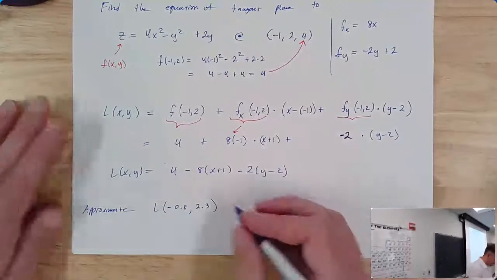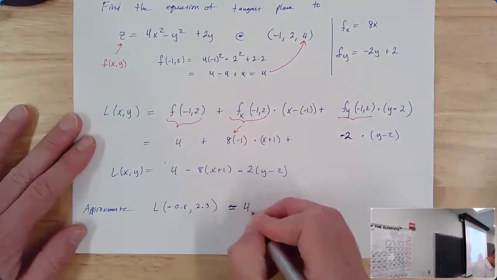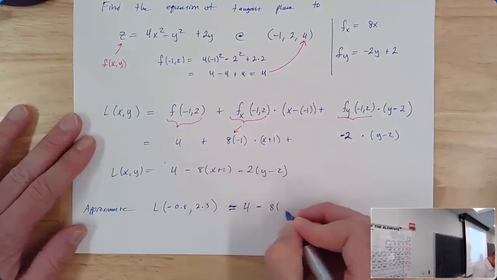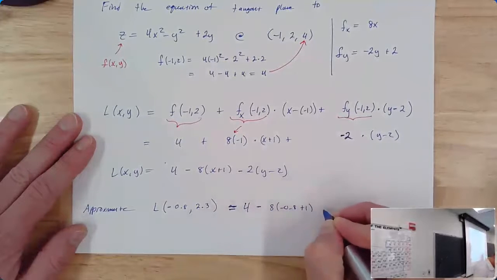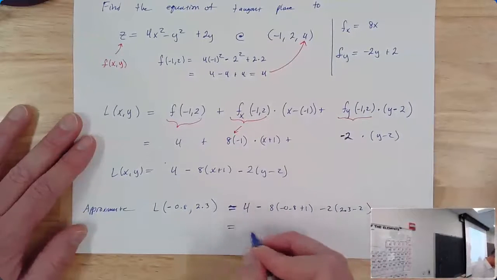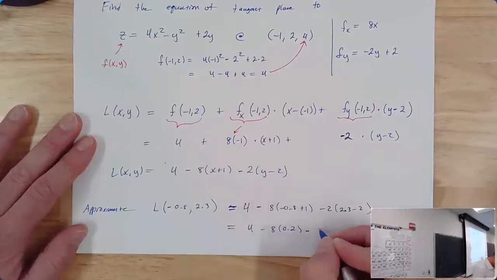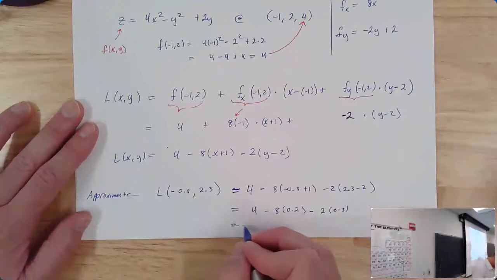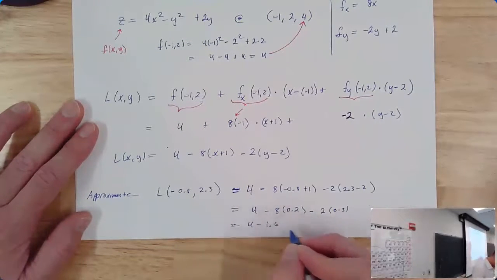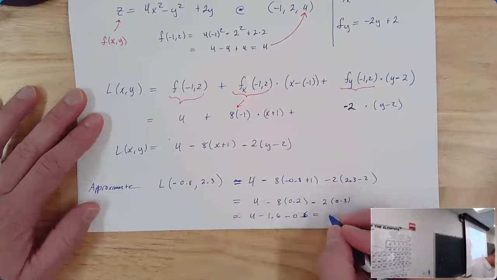We plug that in, we're going to get 4 minus 8 times -0.8 plus 1 minus 2 times 2.3 minus 2. It's 4 minus 8 times 0.2 minus 2 times 0.3. So I end up with 4 minus 1.6 minus 0.6, which is going to be 2.4 minus 0.6, which is 1.8.